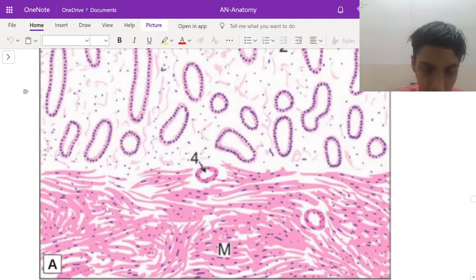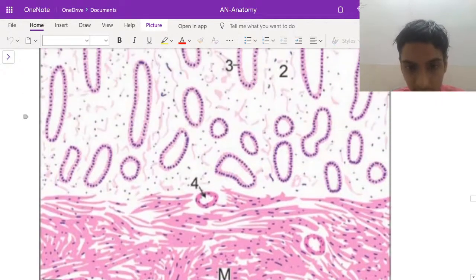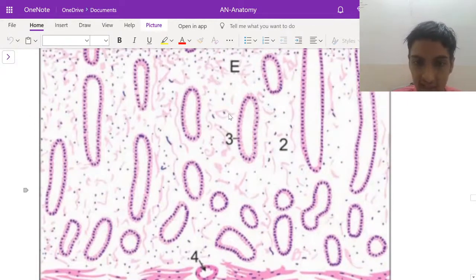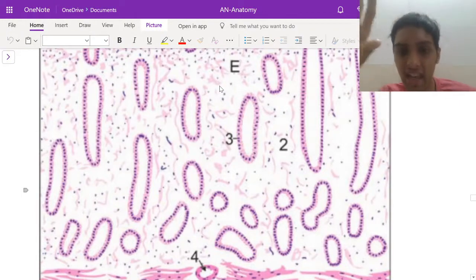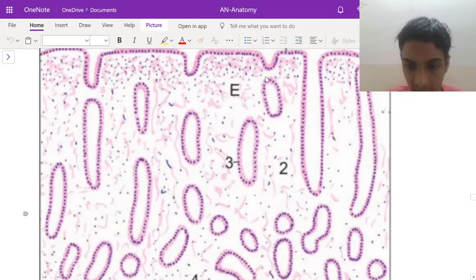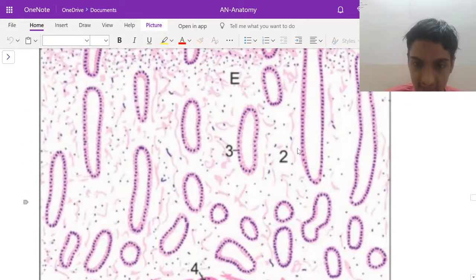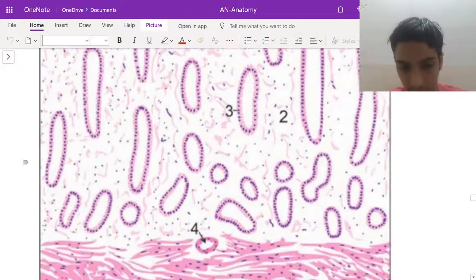So we'll have a number of muscle fibers over here. And that is the blood vessel. There we have a blood vessel. And here are the uterine glands. They will get mature, the uterine glands, and they will enlarge in pregnancy. Got it? And that is called connective tissue. We can see some limited amount of connective tissue also.